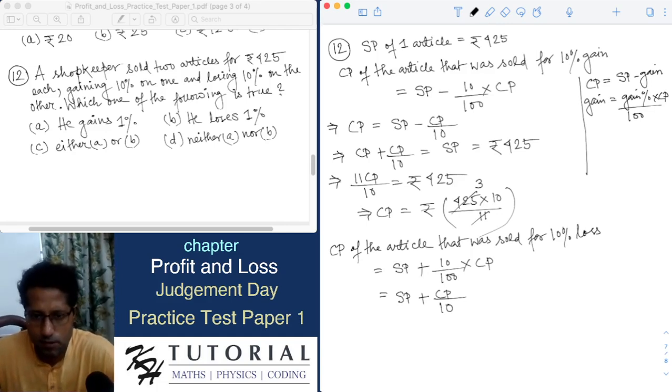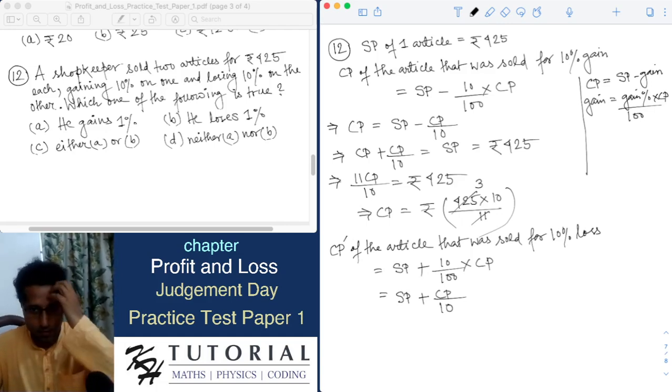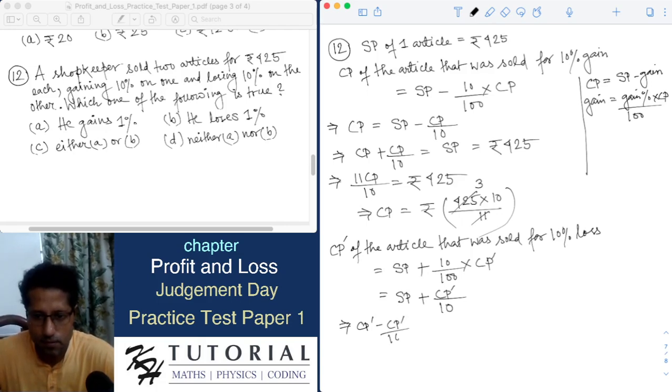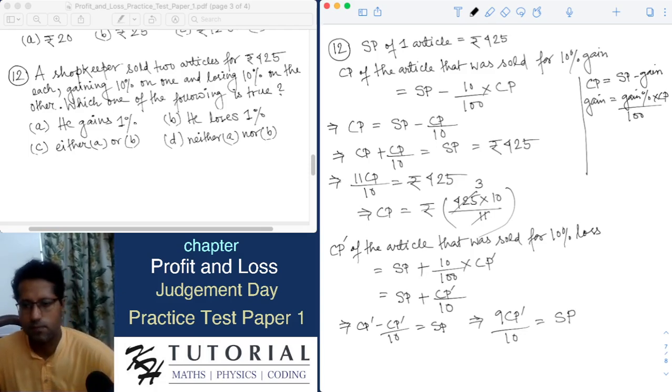Let's consider CP dash to be the cost price of the article that was sold for 10% loss. Now this implies CP dash minus CP dash by 10 is equal to SP. So this implies that 9 CP dash by 10 is equal to SP.